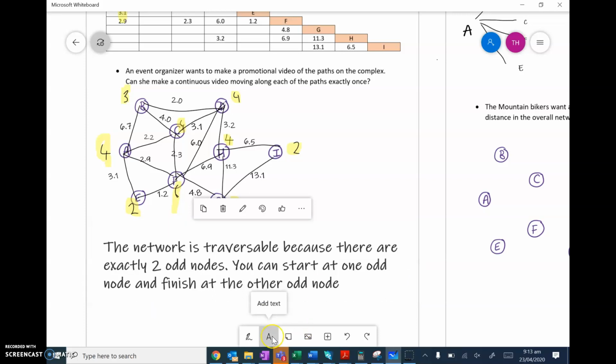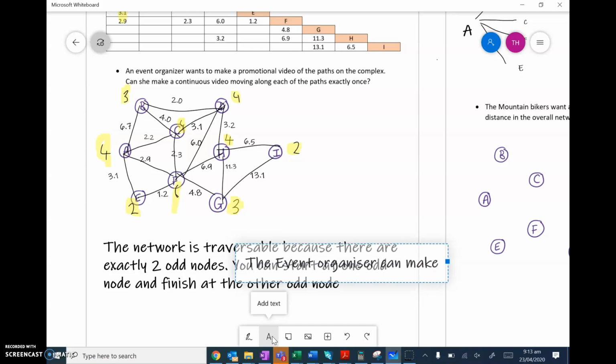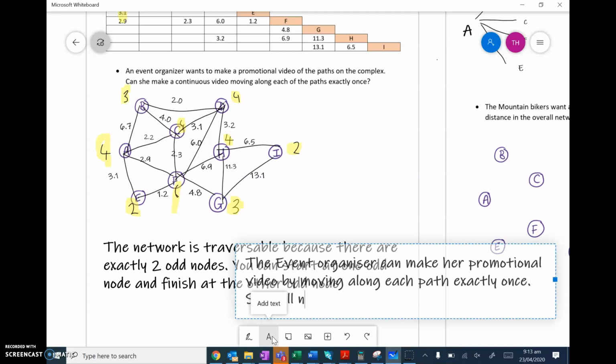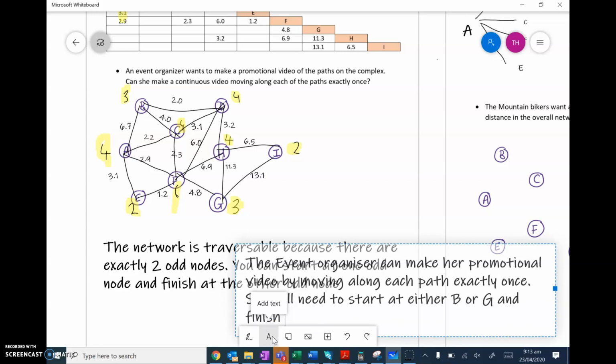Now I'm going to relate it to my situation. The event organizer can make her promotional video by moving along each path exactly once. She will need to start at either B or G and finish at the other.